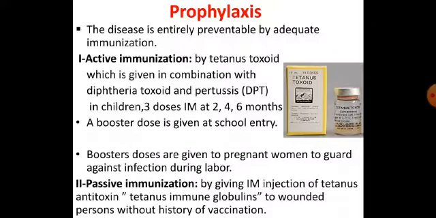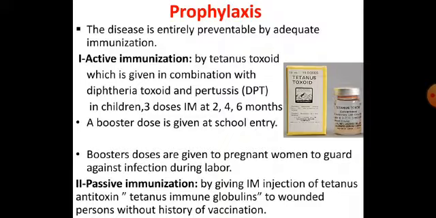Prophylaxis. You should know that tetanus as a disease is entirely preventable. Entirely preventable. That means adequate immunization will prevent the occurrence of the disease. And this immunization is present in the immunization schedule here in Egypt, where the children take the tetanus toxoid in combination with diphtheria toxoid and pertussis in what's called the DPT vaccine.